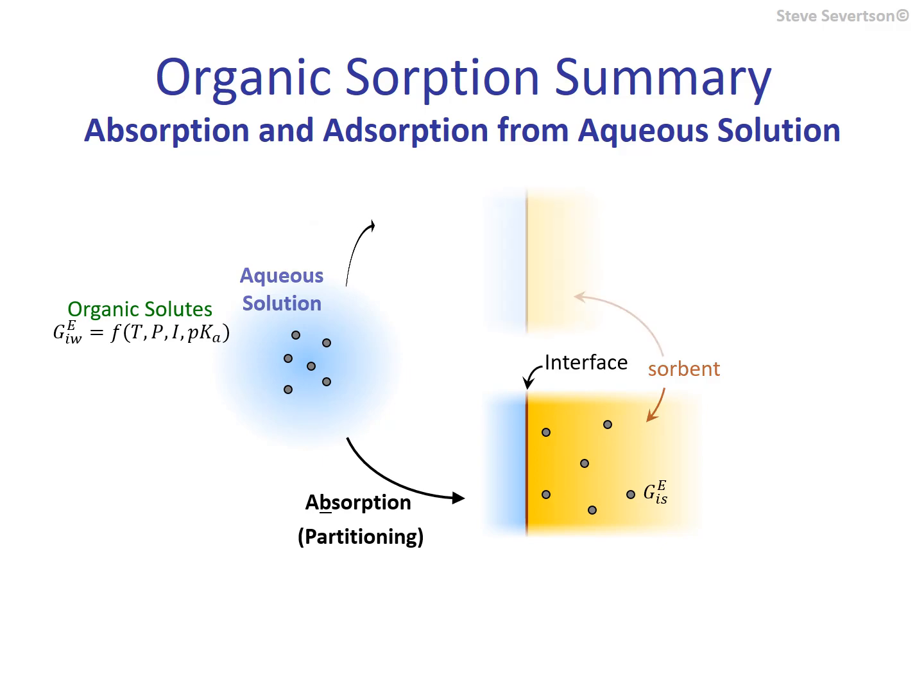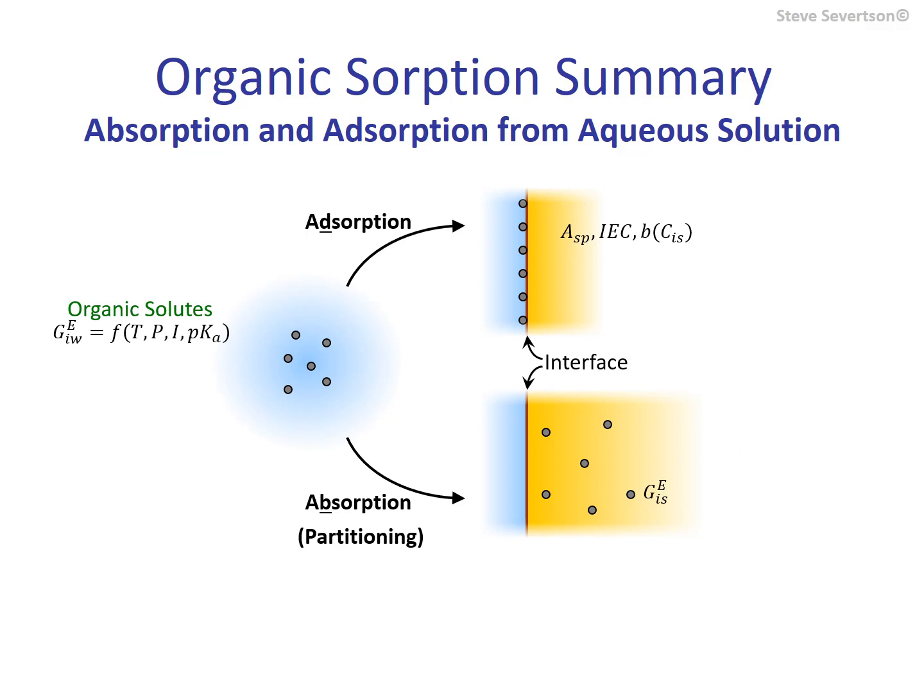In adsorption, uptake of solute is restricted to the surface, and competition and saturation influence isotherm shape. As with partitioning, adsorption from water can be driven by solute stability in the aqueous phase. That is, the solute is being pushed out. It can also result from attractive interactions between the solute and surface, as in the case of ion exchange.